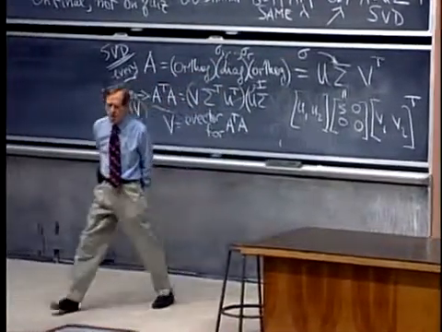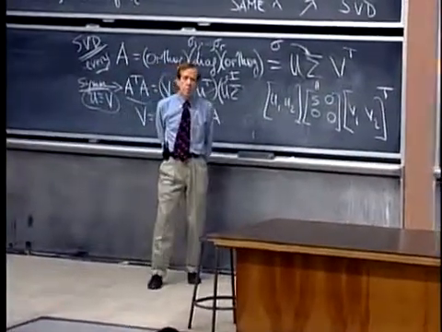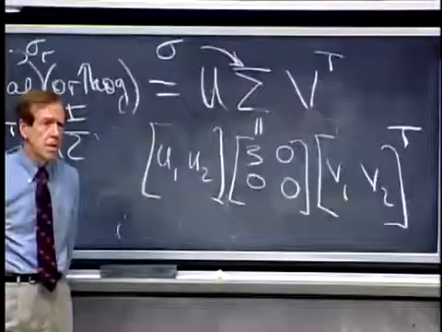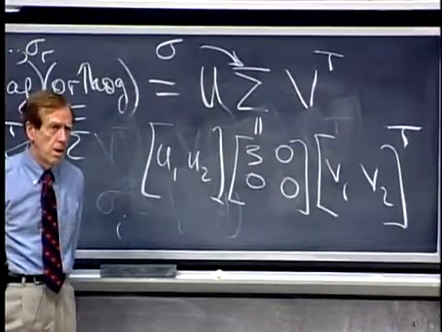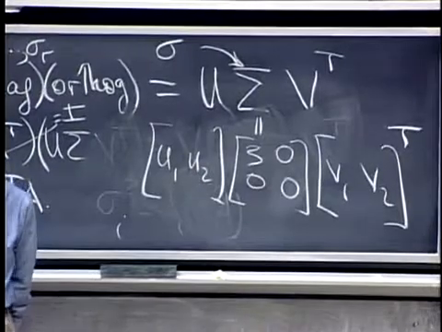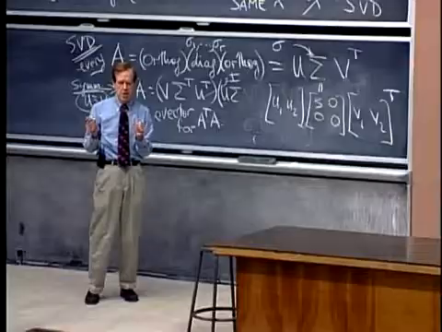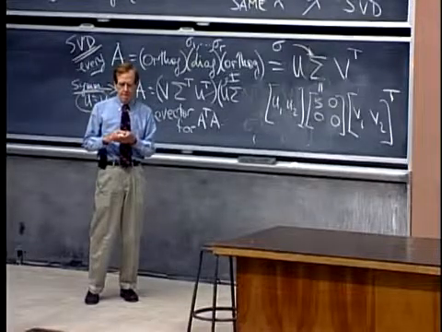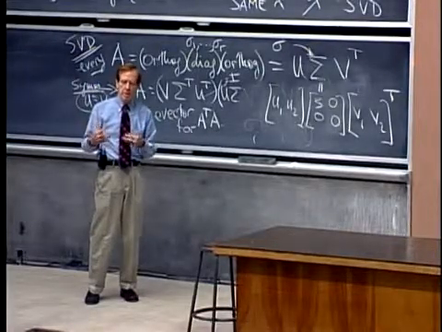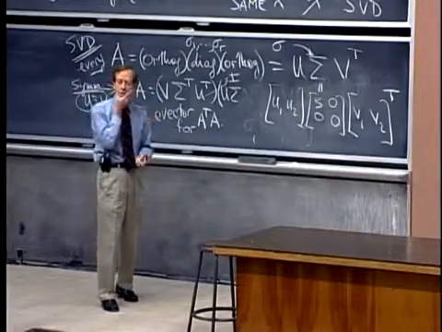The rank is 1. So the dimension of the null space? 1, right? We've got a 2 by 2 matrix of rank 1. So all that stuff from the beginning of the course is still with us.